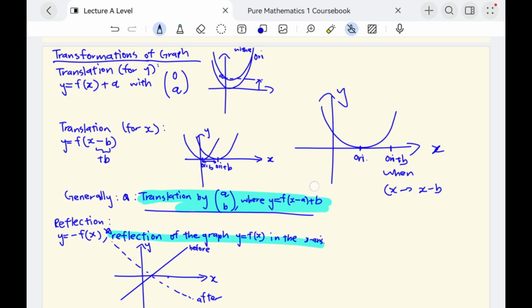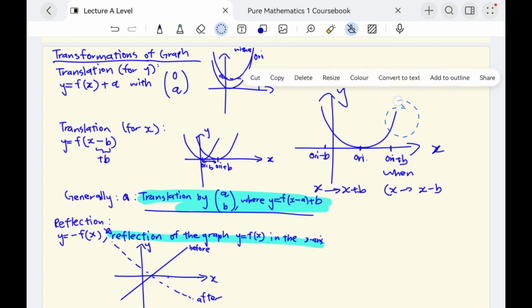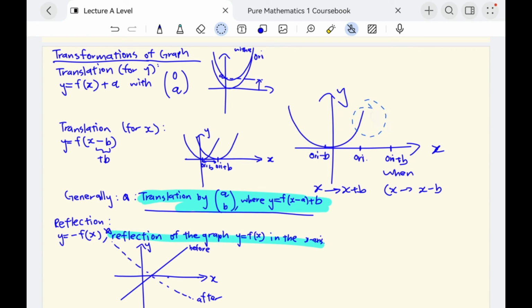When you let your x become x plus b, you will shift your original graph to the left-hand side. So generally for the translation for y, when the change is outside, positive means move upwards and negative means move downwards. But for the x it is different: negative moves to the right side, positive moves to the left side. Just remember like that.